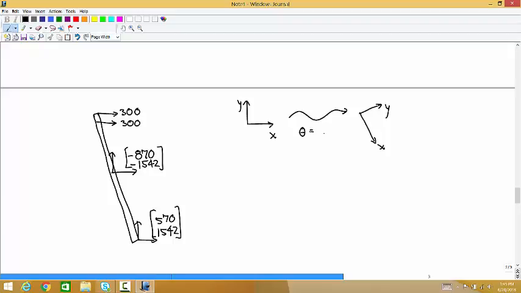And for that, theta is equal to negative 80 degrees. So the rotation matrix Q is cosine of negative 80, sine of negative 80, negative sine of negative 80, cosine of negative 80. So I think that is 0.174, negative 0.985, positive 0.985, positive 0.174.